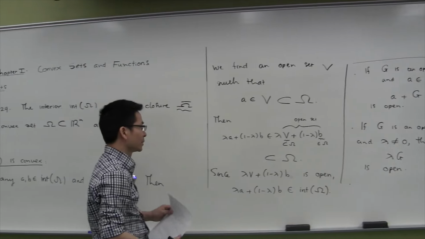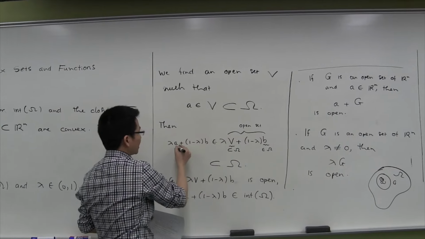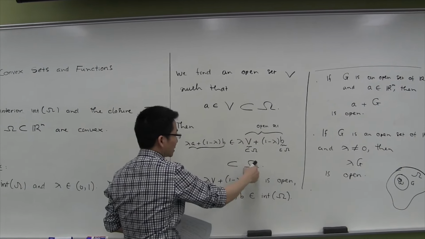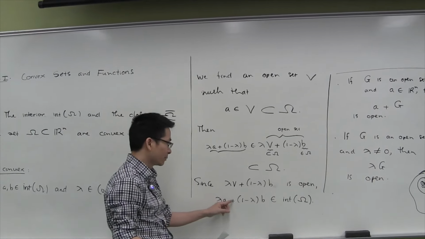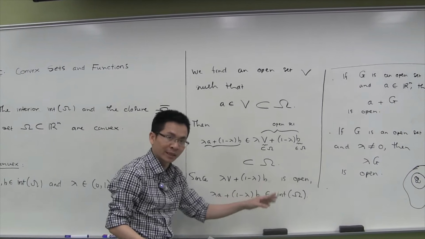Because there exists an open set of Rn that contains this point, and that open set is a subset of omega. Therefore, lambda A plus 1 minus lambda B belongs to the interior of omega.